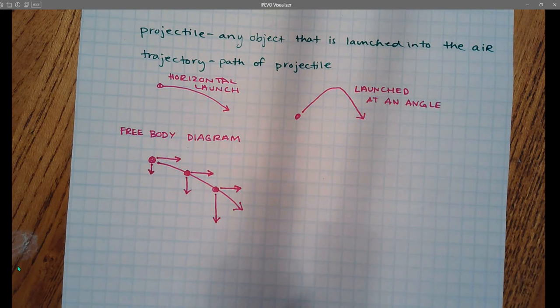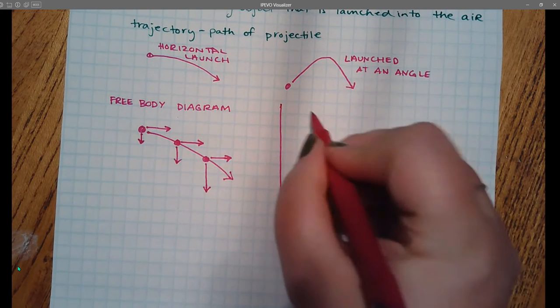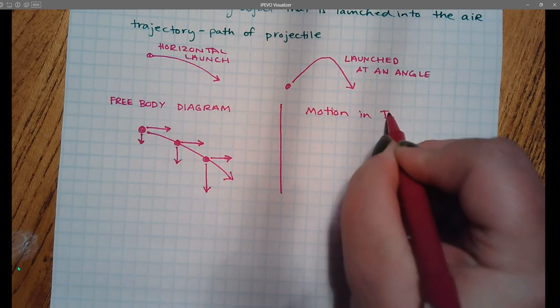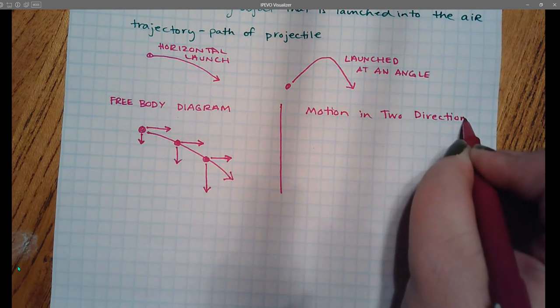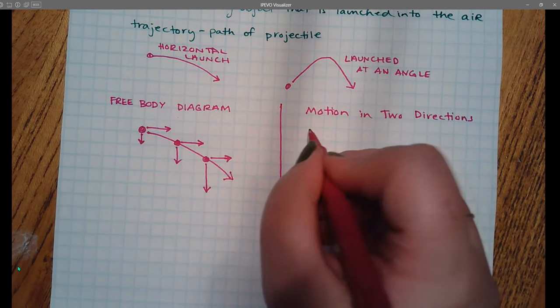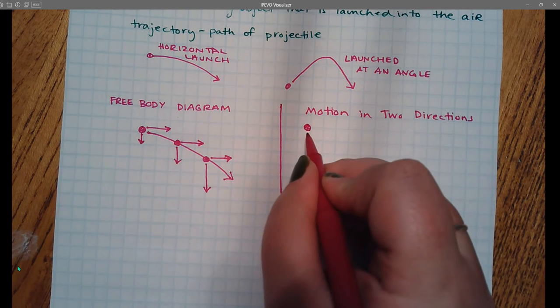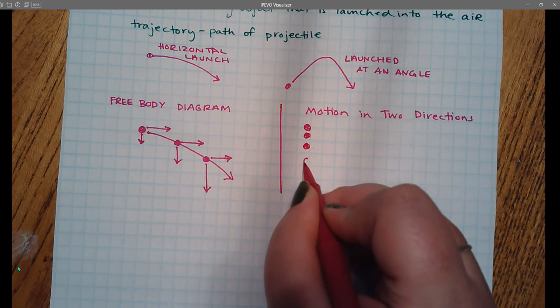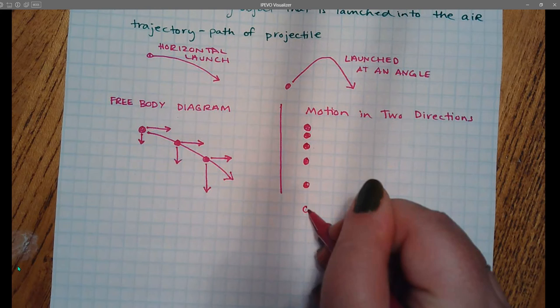So let's talk about motion in two directions. Just going to continue that here. Let's imagine that I have this magenta ball, and this magenta ball is being dropped, and as it drops, at each interval, it's moving further and further.